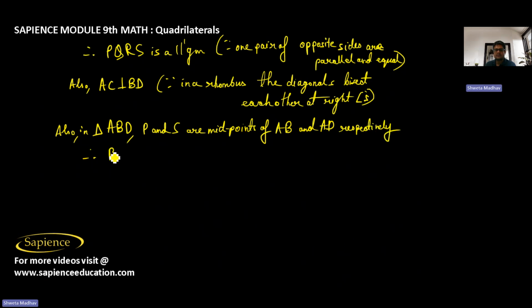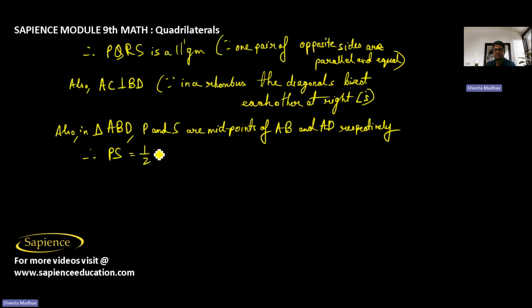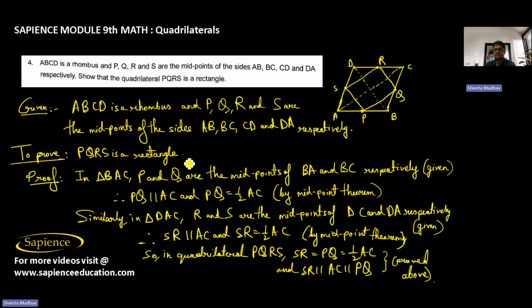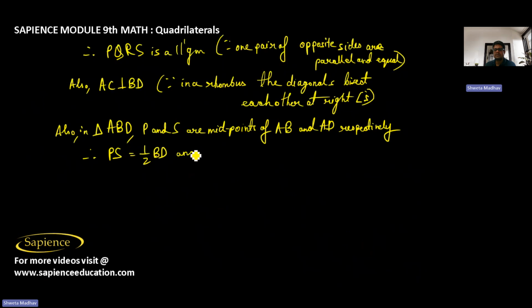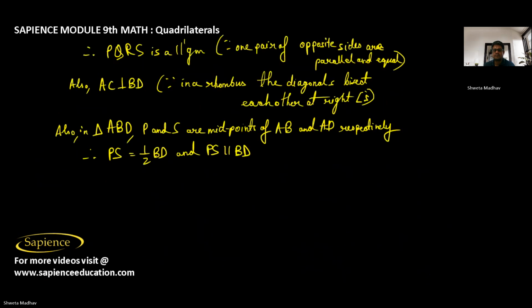So therefore, I can say that PS is equal to half of BD, and PS is parallel to BD, by using the midpoint theorem.